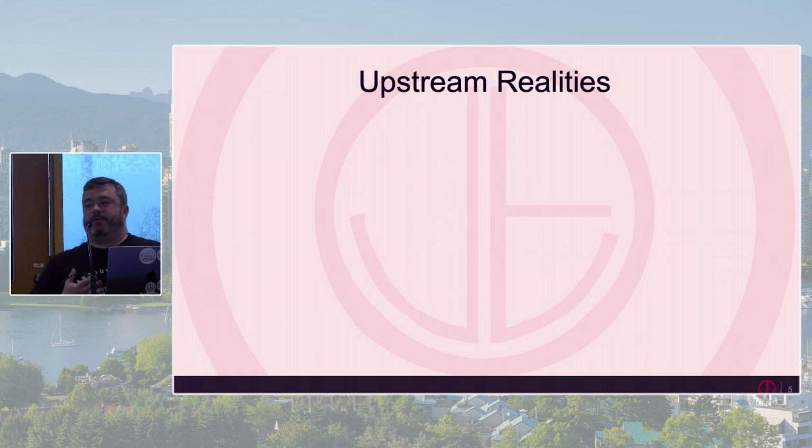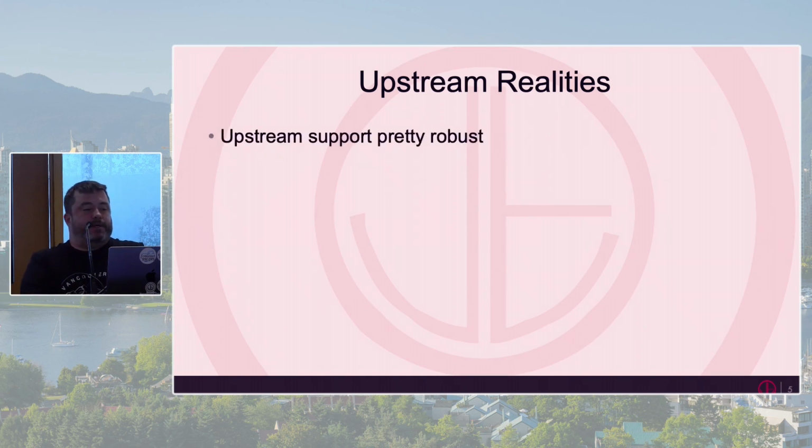Okay, so how does this map to what's actually upstream in the kernel? The nice thing is we actually have fairly robust upstream support for CXL. There's a lot of CXL code. It's like, go and read the comments, and there's like, hey, spec 3.0 section, blah, blah, blah. Well, the spec version 3.0 should be kind of a red flag to you.